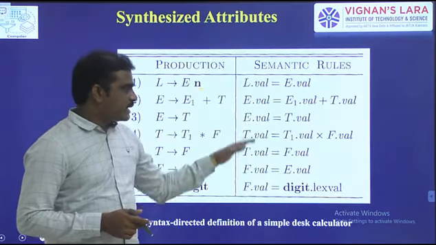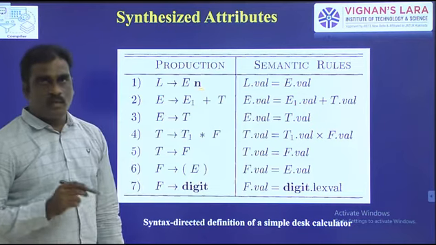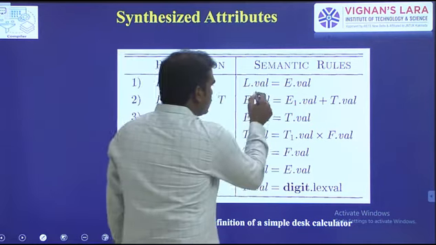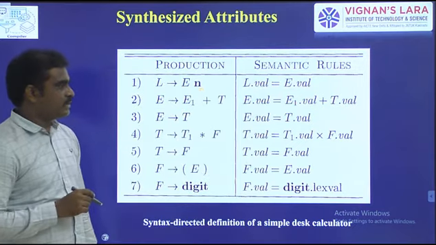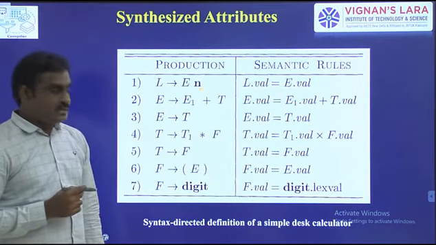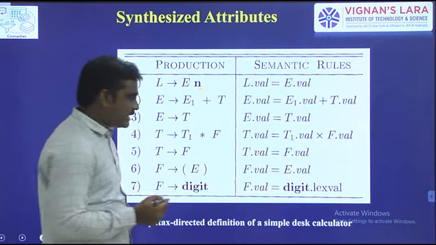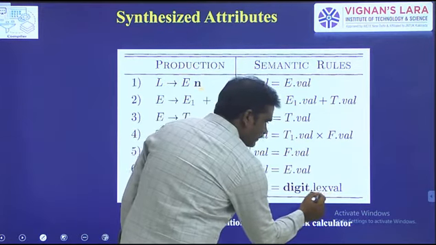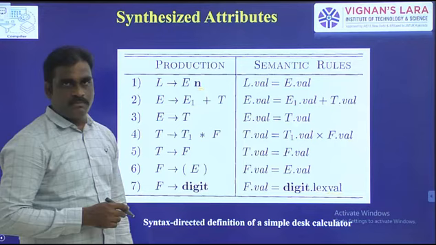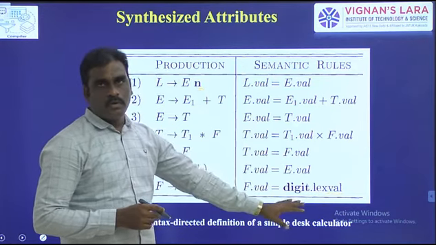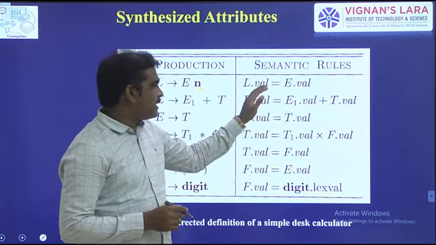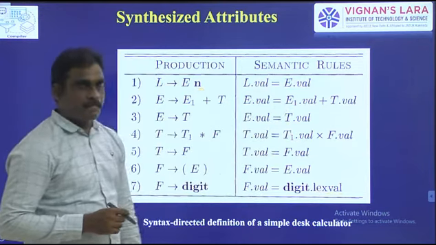Here in this case we are using only one attribute value, that is val. Val is one attribute. And we are also using one more attribute, that is lexval, which is used for the integers, numbers. So in total we are using 2 attributes: one is val and another one is lexval.